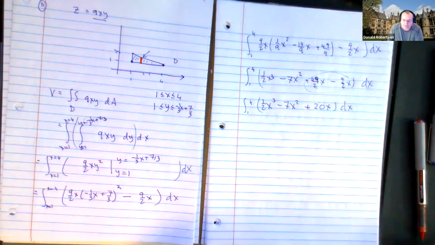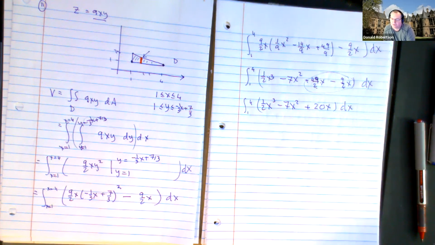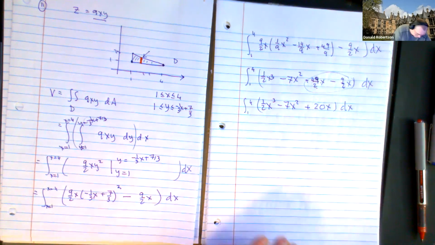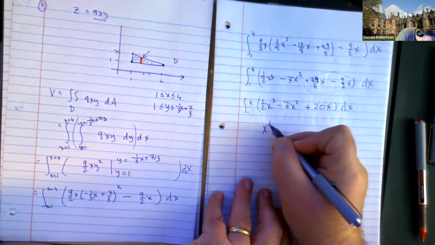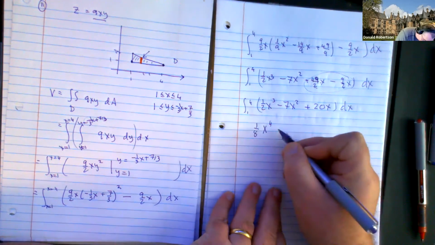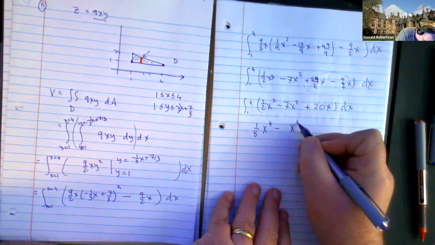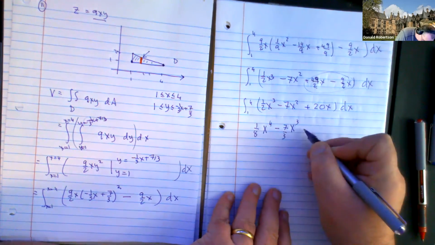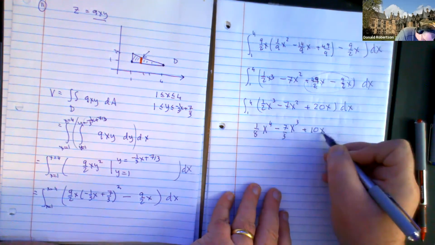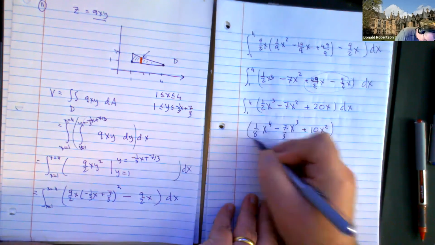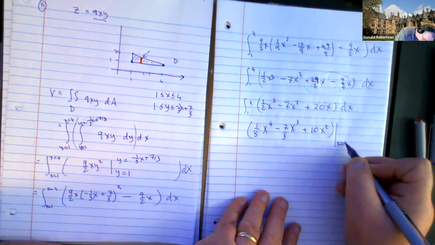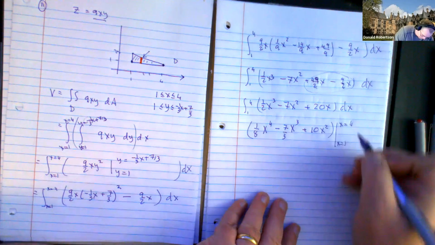So it's not as ugly as I thought it was going to be, but it took a while to get there. Now, add 1 to the power and divide by the new power. Add 1 to the power, divide by the new power. Add 1 to the power, divide by the new power. Evaluated at 1 and at 4.